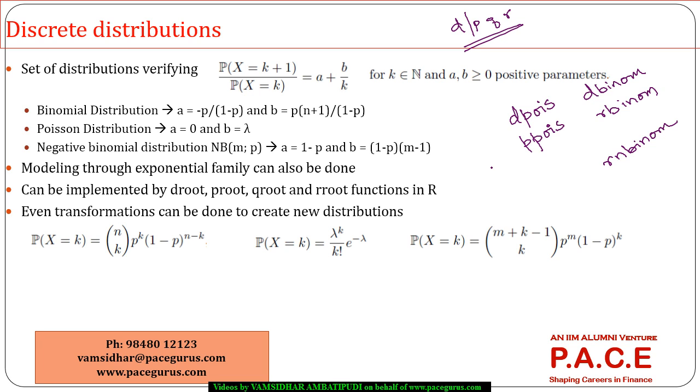So these are some of the important points to keep in mind when working with discrete distributions. Again, in this case also, we can do transformations to get new distributions of our choice. Instead of X, we can go with X plus 1, right?